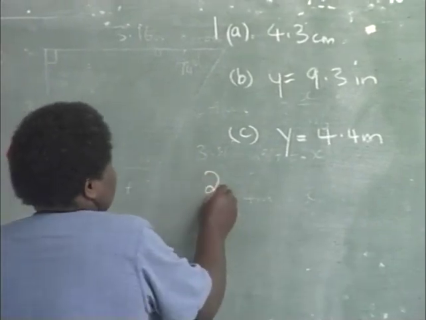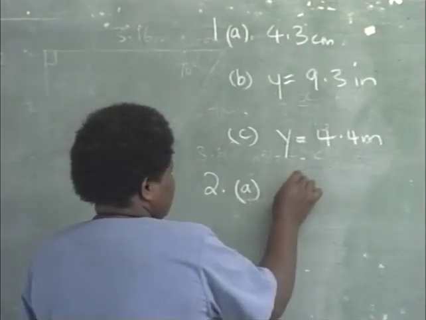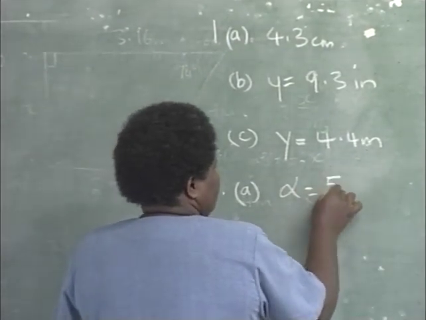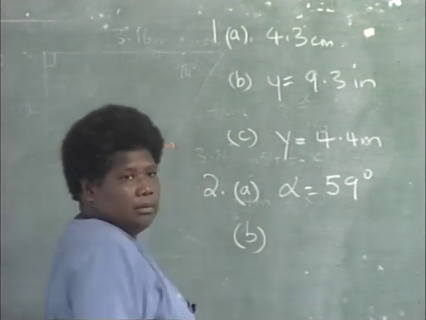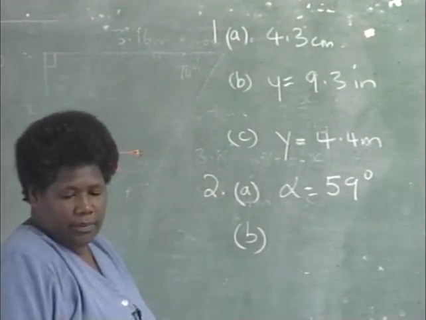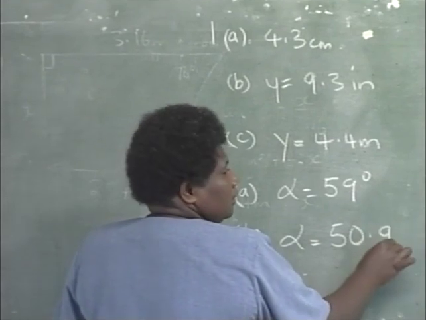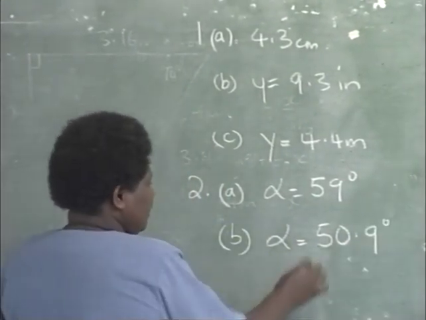Right, question 2. Kila. 59 degrees. Say that again. 59 degrees. Esther, letter B. 15.9 degrees.